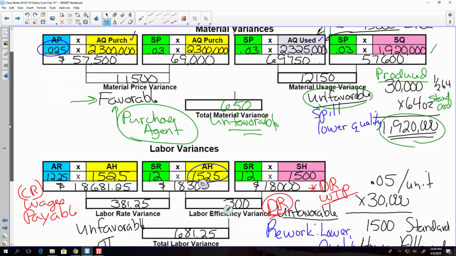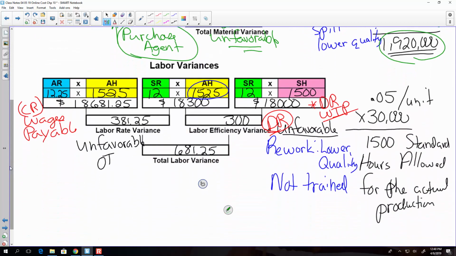Also, we do the analysis for our labor, same issue. We're going to take our actual information on the left with the blue number at 12.25 and compare it to what we were thinking we would pay, which is $12 per hour. The hours that were actually incurred were 1,525, and we compare that to the allowed hours.